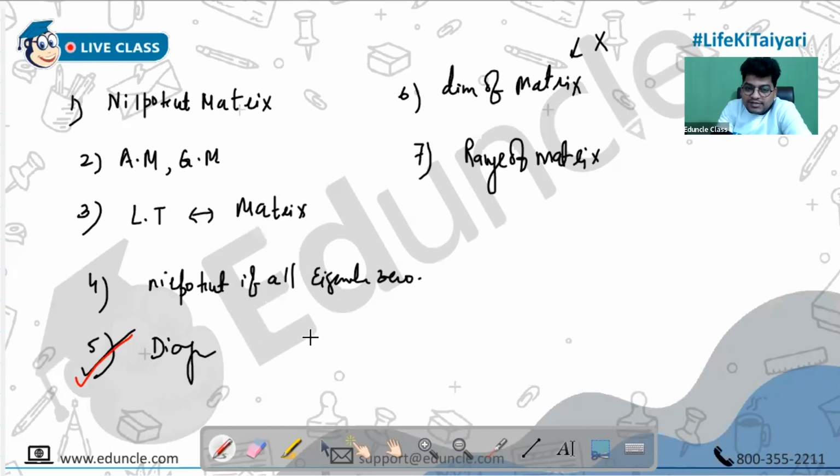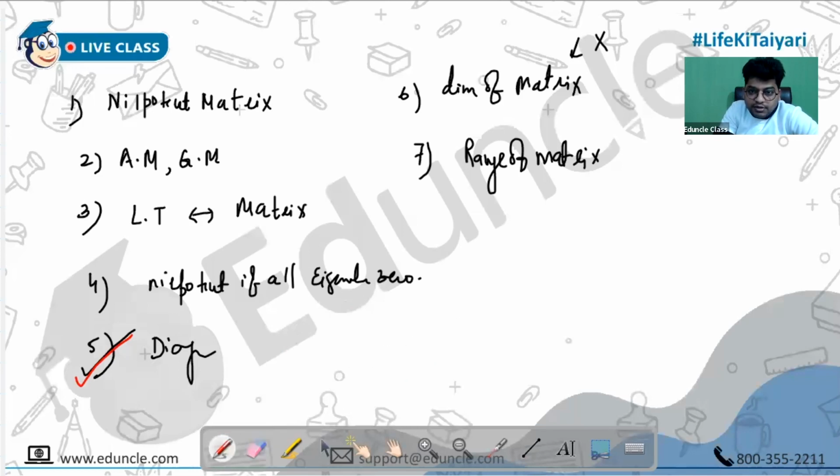And if matrix A is diagonalizable, then you must have a non-singular matrix P such that A is similar to D. That is, a matrix is diagonalizable means the matrix is similar to a diagonal matrix. Okay, you know this concept, right?